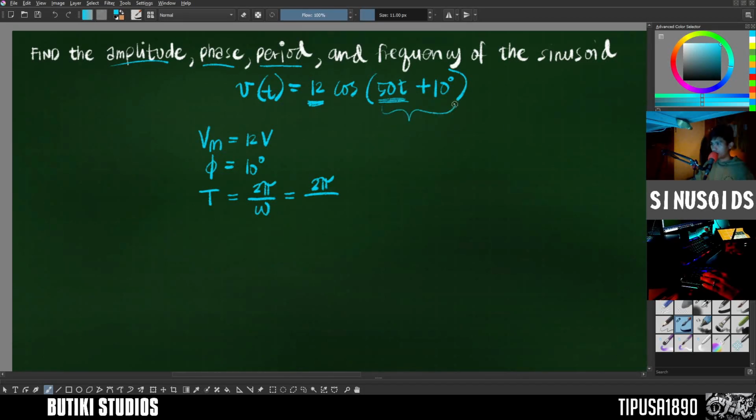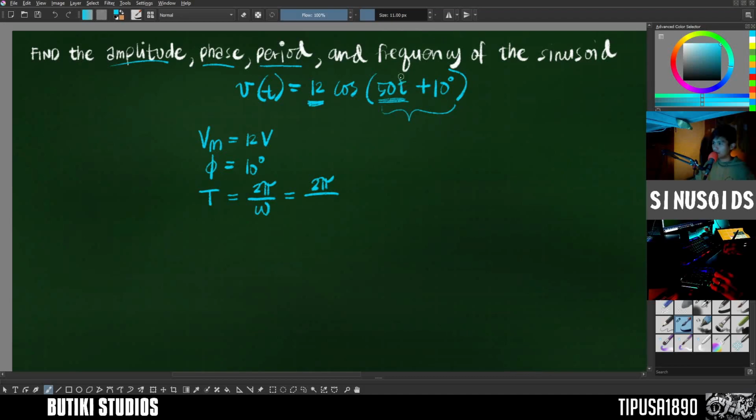This whole parenthesis, 50 t, is your argument, which is basically an angle. It could be in degrees or in radians. But if you see that there is no degree symbol, most probably it is based on the units you see there.